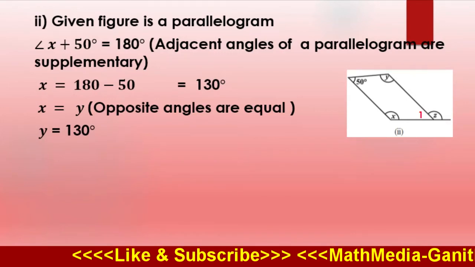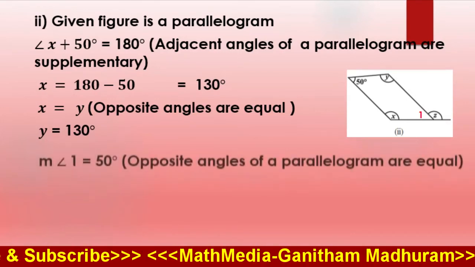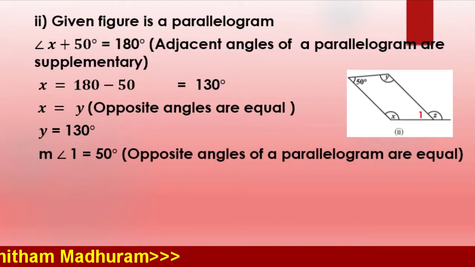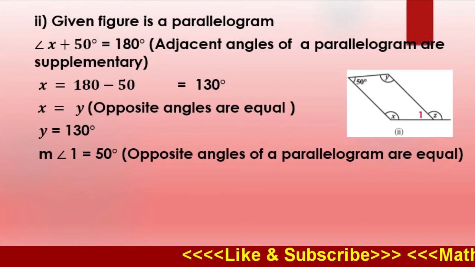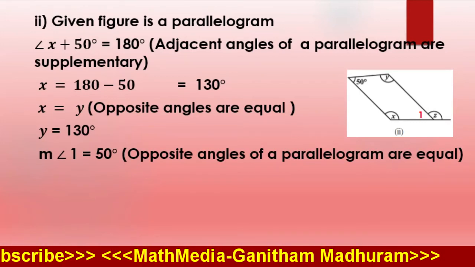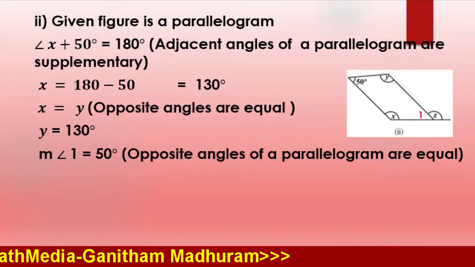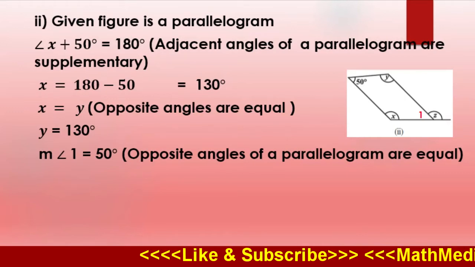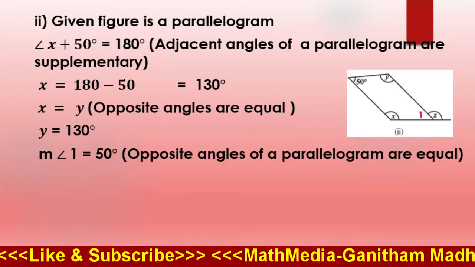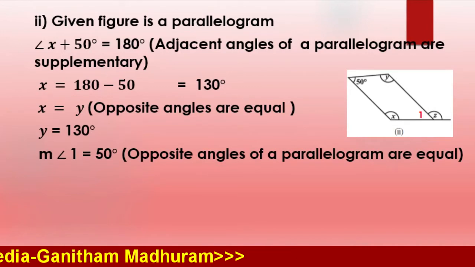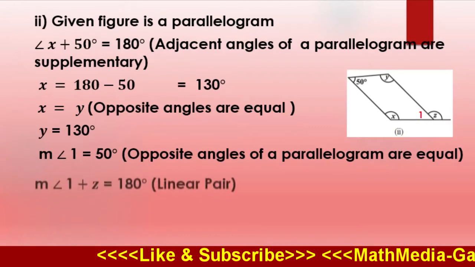Now we have to find z. For that you have to mark 1 near z. Now angle 1 plus angle z form a linear pair, and measure angle z we have to find out. Before that we can find measure angle 1. Measure angle 1 equal to 50 degrees, because opposite angles of a parallelogram are equal.